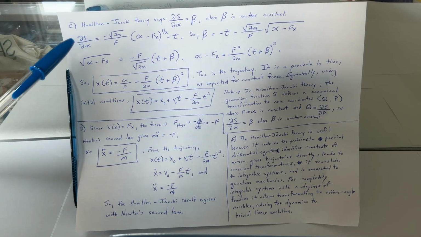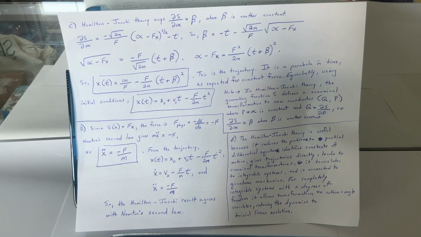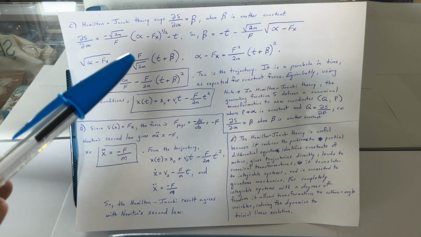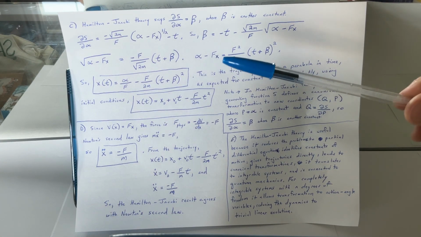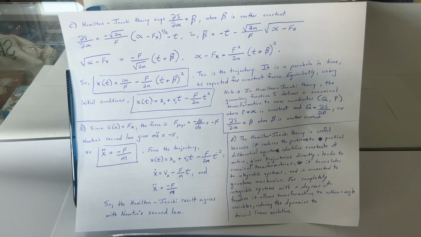So ∂S/∂α = −√(2m/F)(α − Fx)^(1/2) − t. β = −t − √(2m/F)√(α − Fx). Now √(α − Fx) = −(F/√(2m))(t + β). α − Fx = (F²/2m)(t + β)². So we get x(t) = α/F − (F/2m)(t + β)².